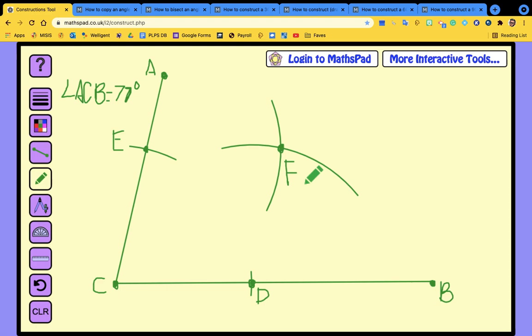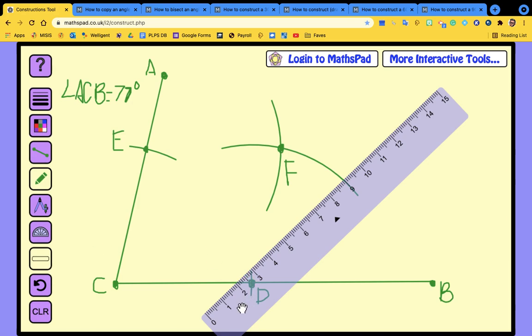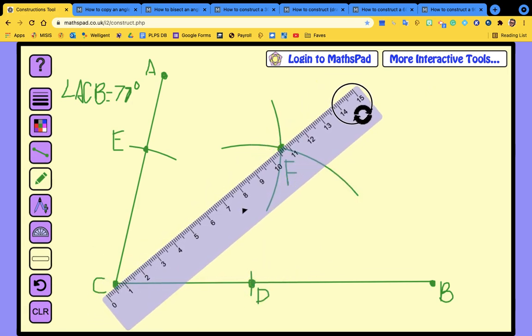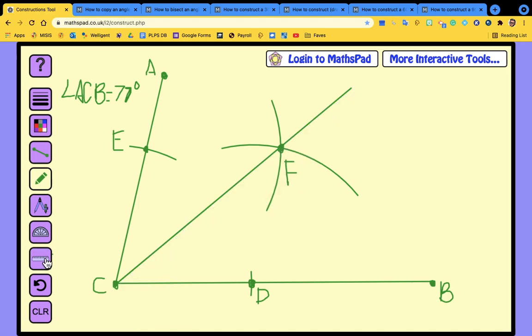So what we're going to do is we're going to take our ruler and we're going to connect C to F. Look at that. C to F. And I'm going to make a straight line like that, just like that. Okay.